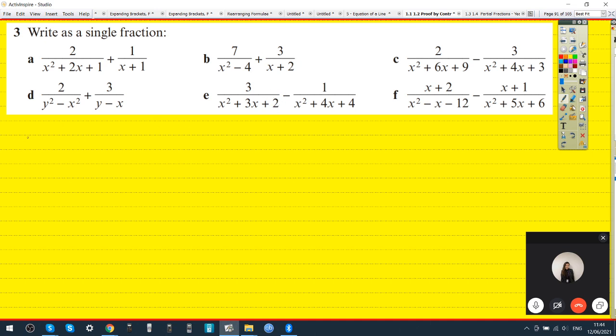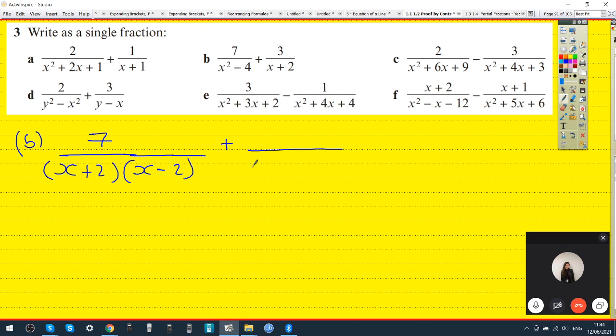Okay. So would you make it like x plus 2, x minus 2? Yeah. And then you can bring the fraction together. They need a common denominator first. It'd be x minus 2.